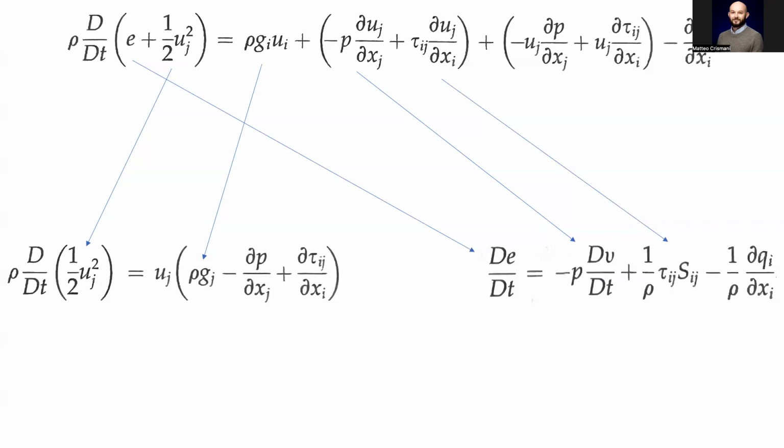Yeah, this hand motion is right. Compression, expansion, right? Good. What's the second term? Viscous heating. Good. What's the third term? Heat flux, heat generation, direct heat. We're going to do heat flux today.